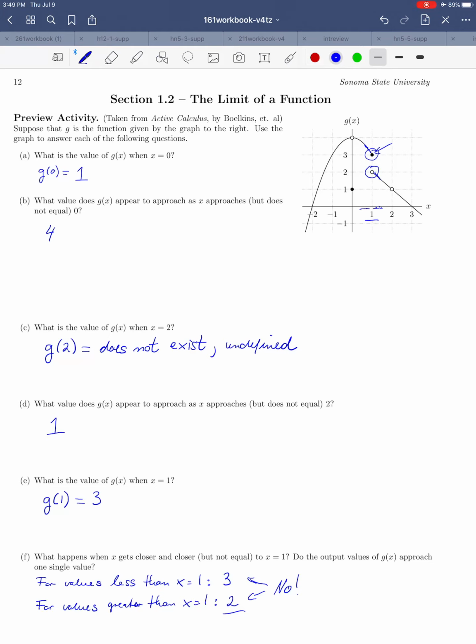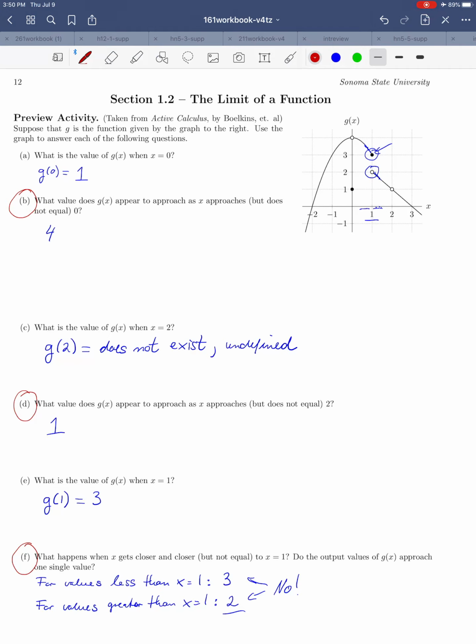So we saw a few different things that can happen to our function here as we were approaching a value but not really hitting it. So we are going to introduce some notation for what's happening here. So we're going to look at B, D, and F, at these weird questions that asked us what is happening to the values of g of x as x approaches a number but is not actually equal to that number. These questions that we are asking for, we have a term for this, and the new term, our new definition is we are calling these limits.